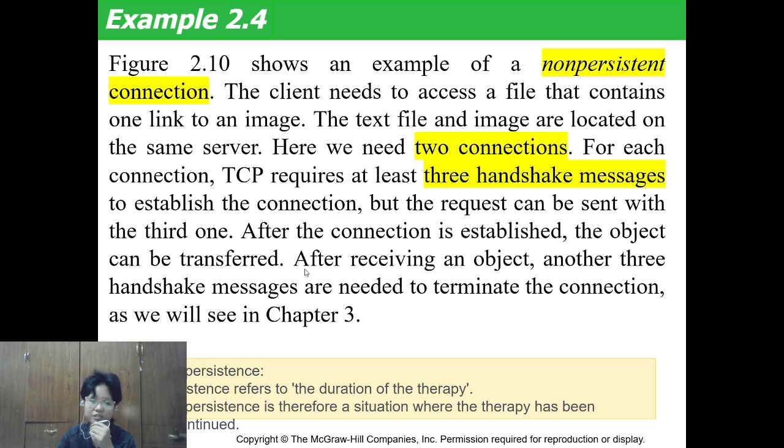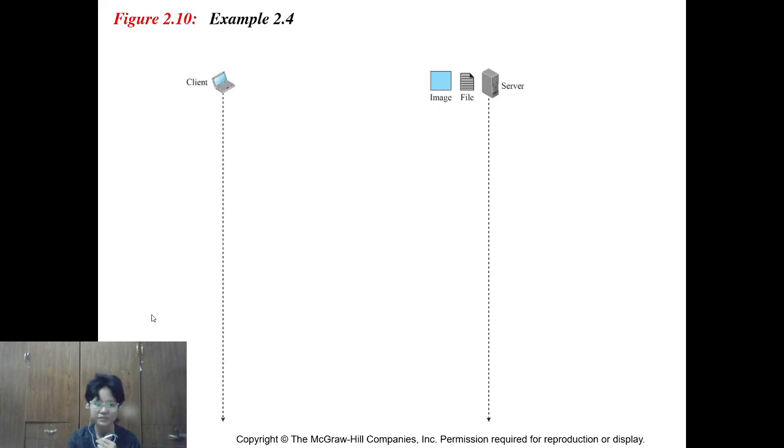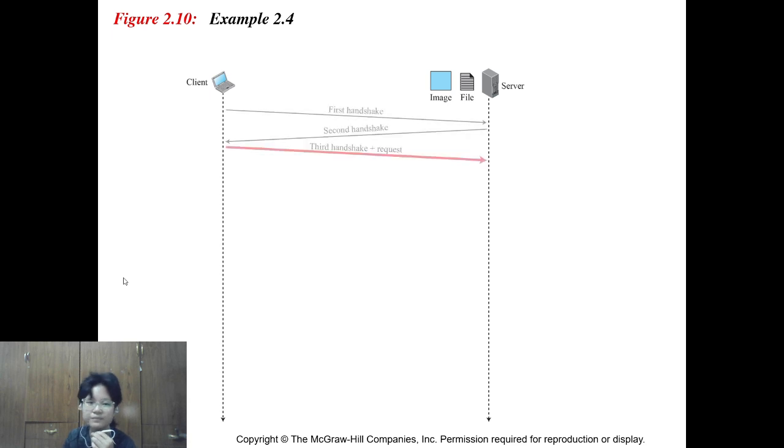Another 3 handshake messages are needed to terminate the connection, as we will see in the chapter theory. In this figure 2.10, example 2.4, we have a client and we have a server.